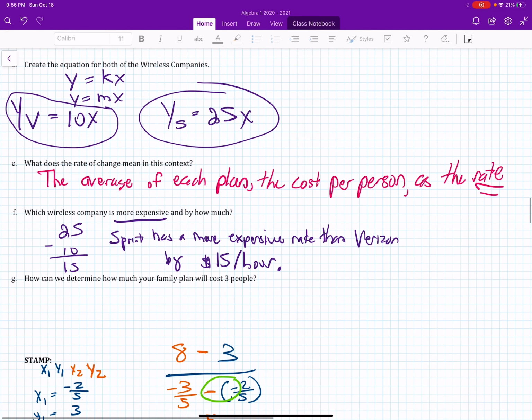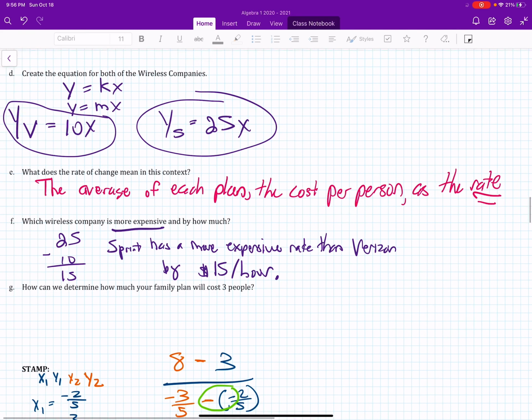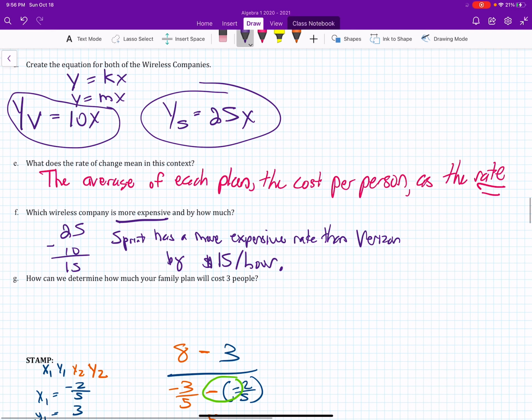Now we can determine how much your family plan will cost for 3 people. That's again at the very end. So if it's for 3 people, then x equals 3. Therefore, for Verizon, it costs $30 for 3 people.